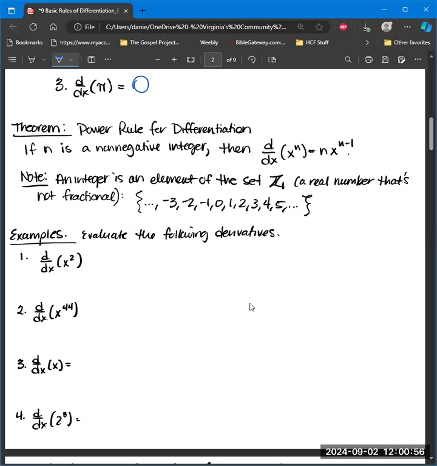You can go back and look at the notes from last time and see how we got those derivative functions so quickly without doing the limit definition. So if I have x to the n and want to find its derivative, it's coefficient times exponent. So n times 1 is n, drop the exponent by 1.